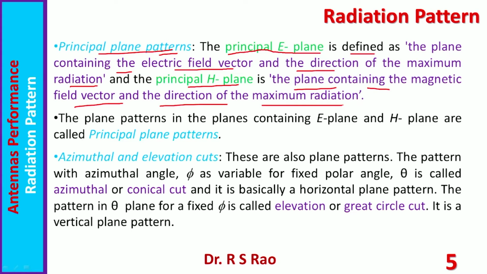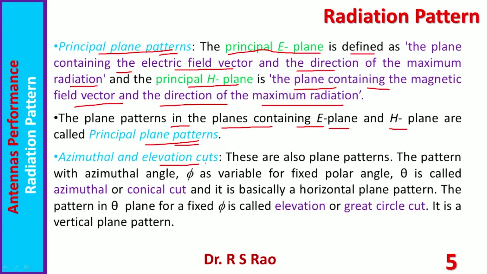Principal E-plane is defined, principal H-plane is defined. Once this principal E-plane and principal H-plane are defined, the pattern in these planes becomes principal plane patterns. The plane patterns in the planes containing the E-plane and H-plane are called principal plane patterns.